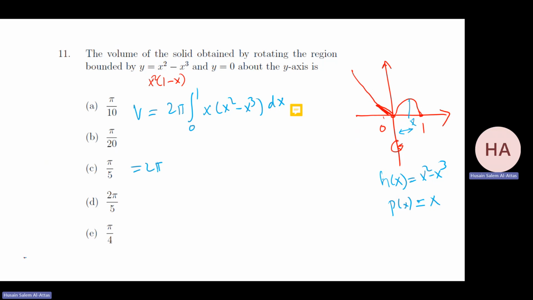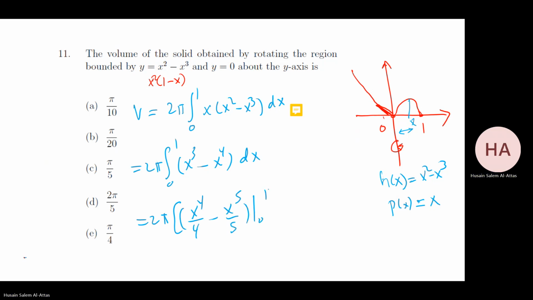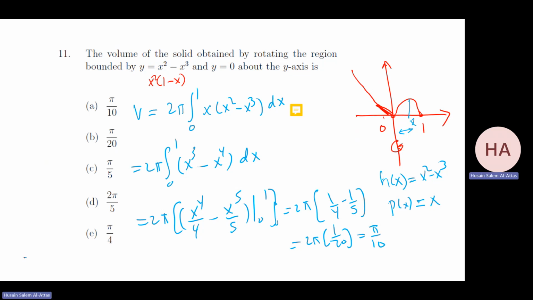That will be 2 pi integral from 0 to 1 of x cubed minus x to the power 4 dx. That will be 2 pi x to the power 4 over 4 minus x to the power 5 over 5 from 0 to 1. That's 2 pi times 1 over 4 minus 1 over 5. That is 5 minus 4, 2 pi times 1 over 20. That gives me pi over 10.